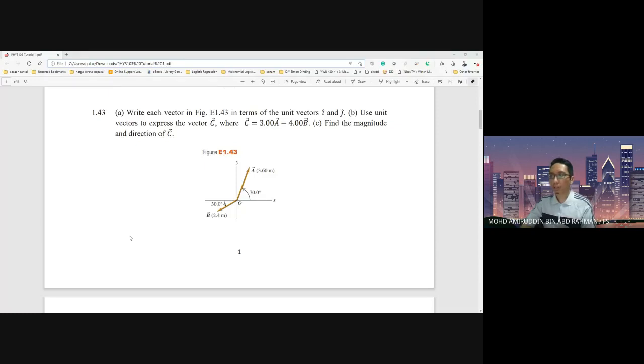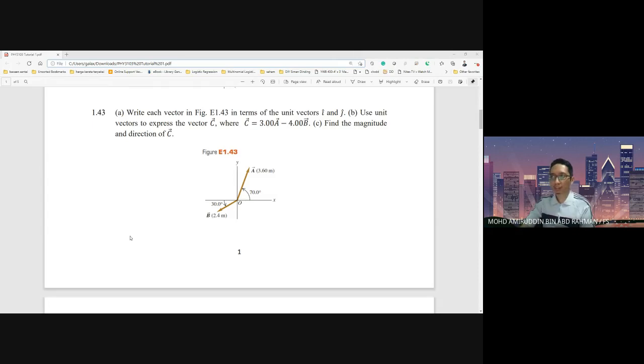So meaning that here it is similar to the components that we resolved. So for A, what is A in terms of i and j?